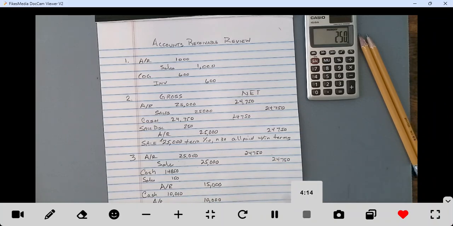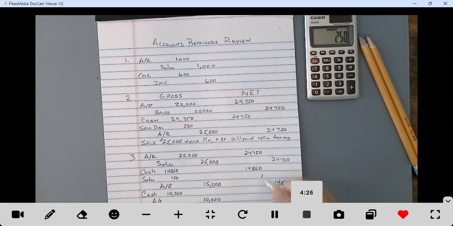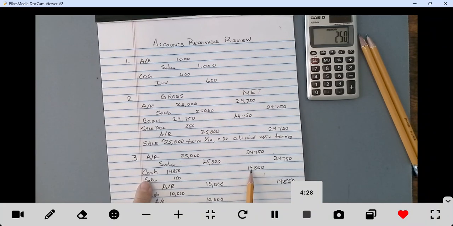Now for the net method, they received cash of 14,850, and they credit the accounts receivable for 14,850. Okay. So they debit cash and credit accounts receivable.